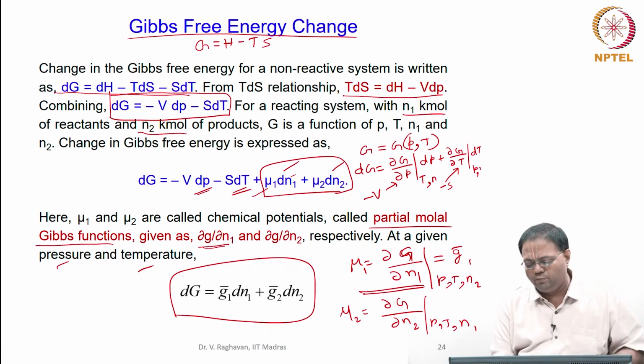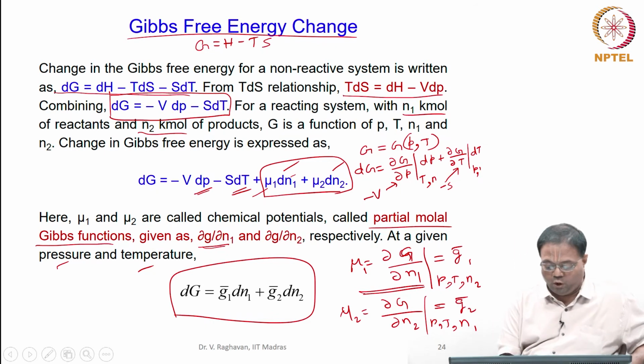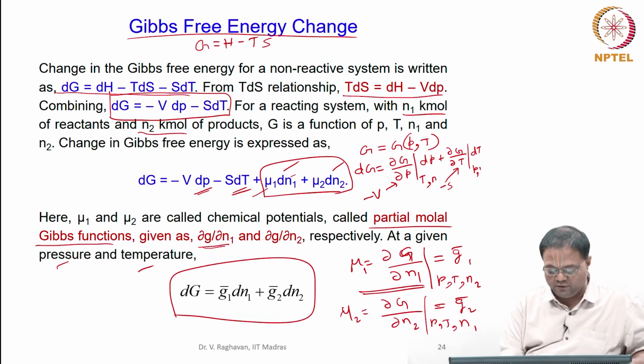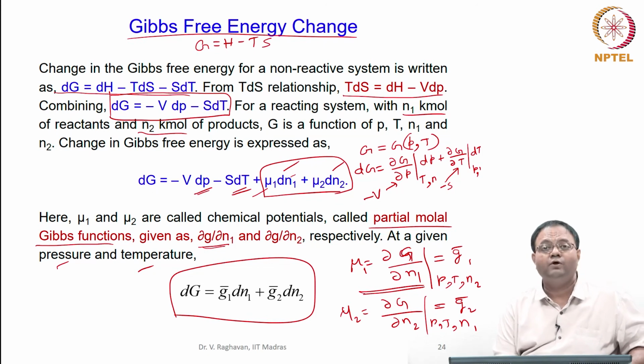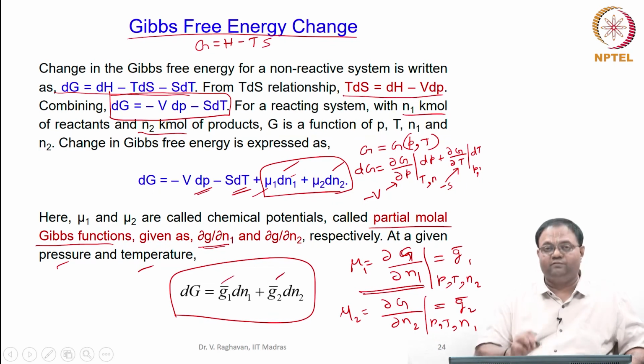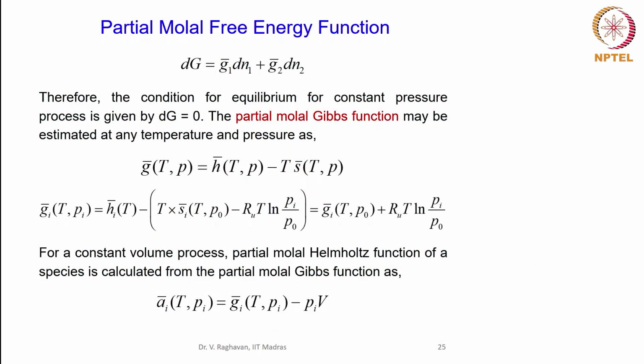You can also leave out the overhead bar. So g1, and similarly this is g2. So now I can say that dG is g1 times dn1 plus g2 times dn2. So how to calculate these g's? That is going to be the next step. Let us now calculate the values of g1 and g2 bar.